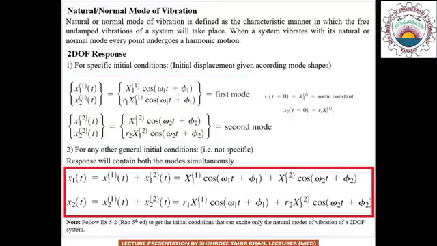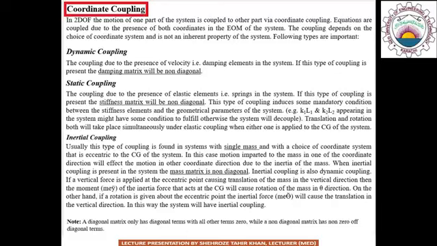Next, we have some theoretical concepts related to coordinate coupling. Basically, in a 2 degree of freedom system, two ordinary linear differential equations are formed, and these equations of motion must be interconnected to each other so that the total response of the system is determined.